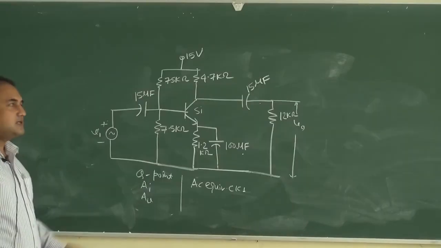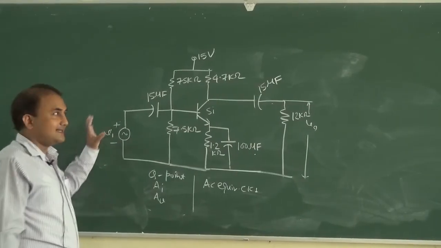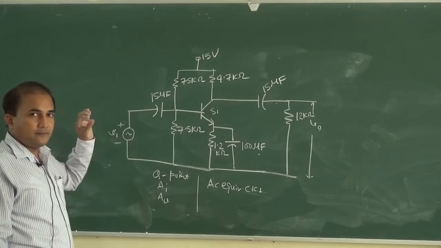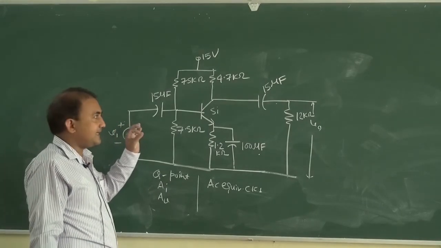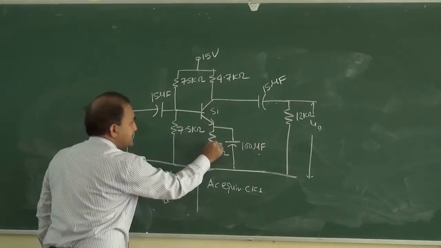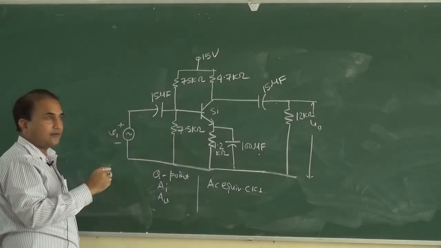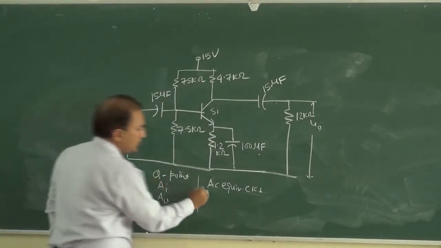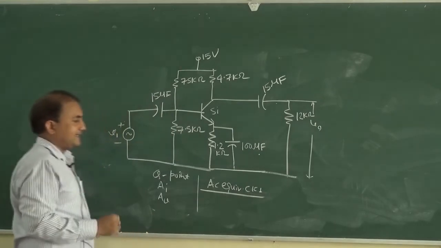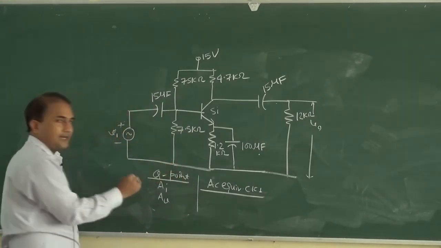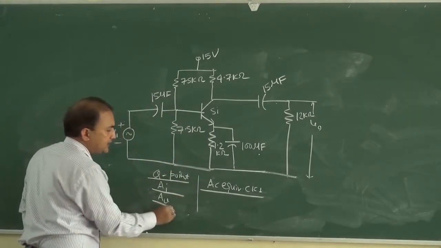Now we can see that this is the circuit diagram of a BJT single stage amplifier circuit. And here the biasing is voltage divider biasing arrangement. So how to determine its AC equivalent circuit, how to determine the Q point, how to determine AI, and how to determine AV.